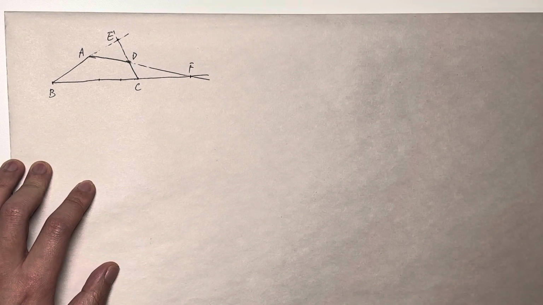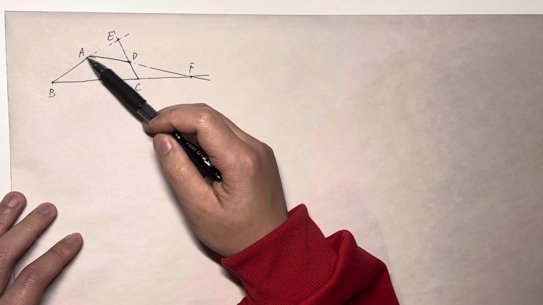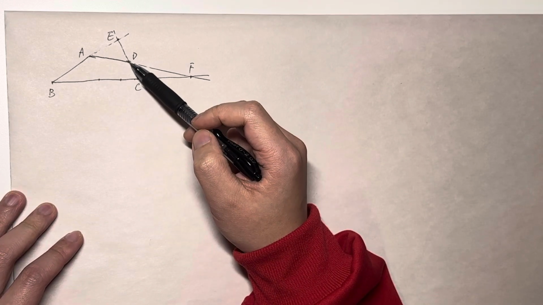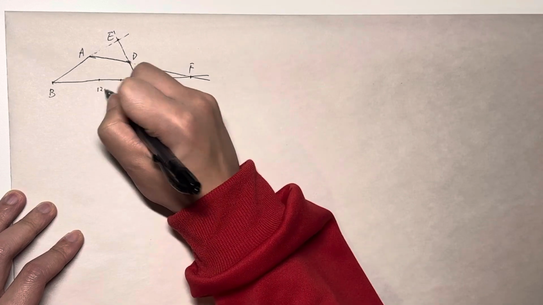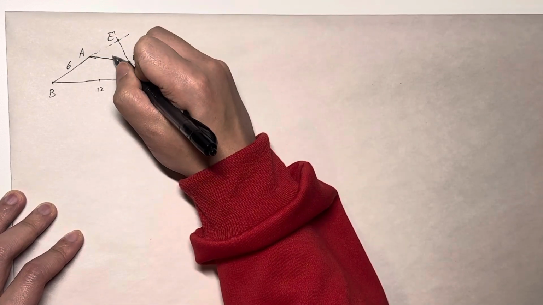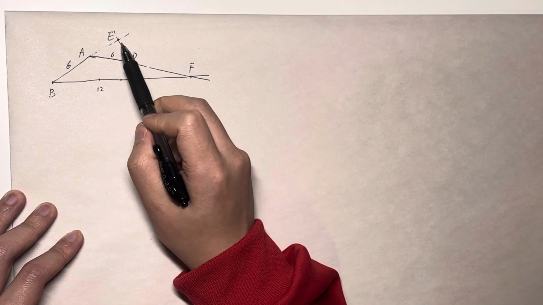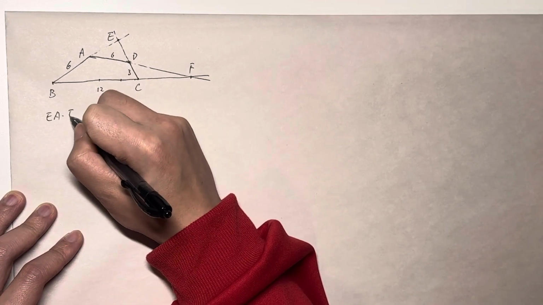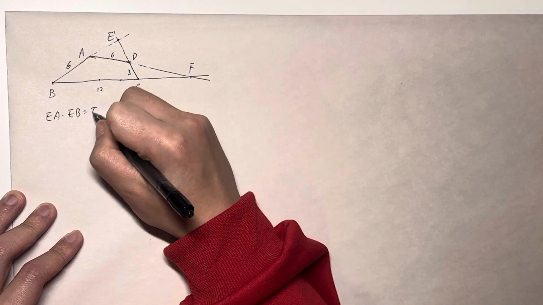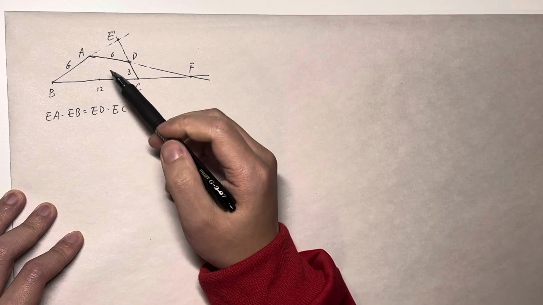Okay, for the second solution, we already know ABCD is a cyclic quadrilateral. Let me mark the length here. Right, so that means EA times EB equals ED times EC, right?